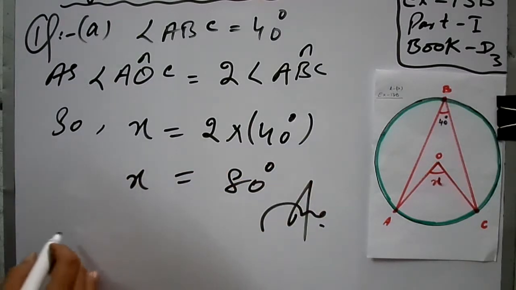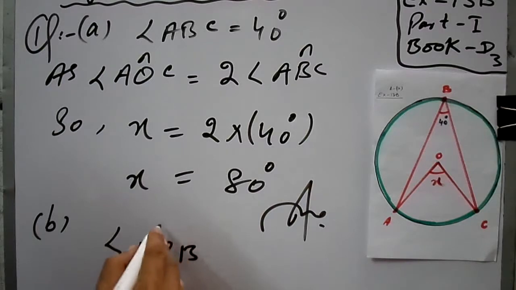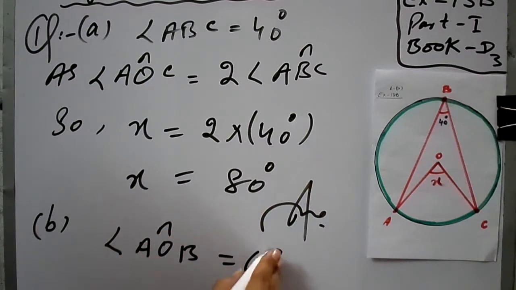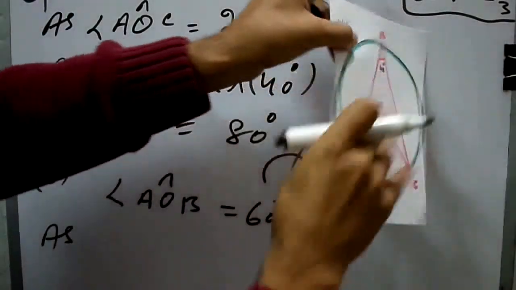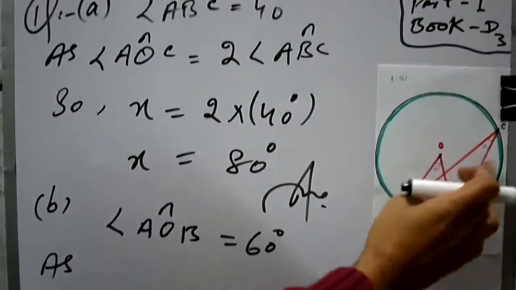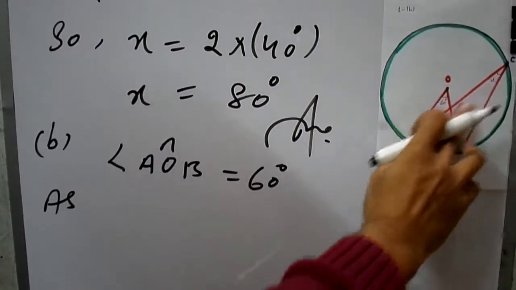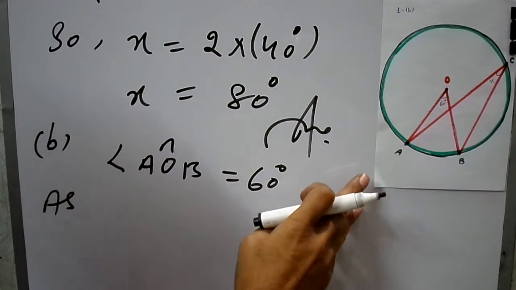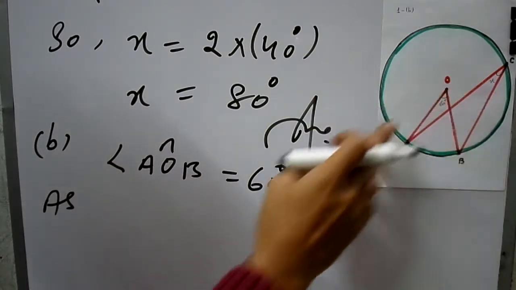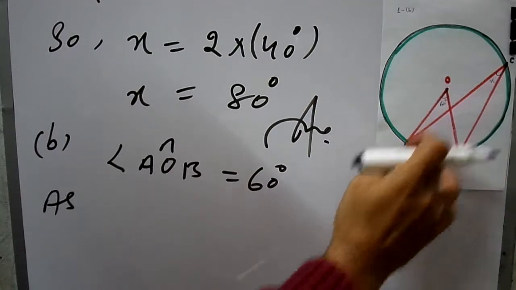Similarly, in B case, it is given to us that AOB is equal to 60 degrees. As you can see in the figure, in your configuration you can understand that we have to find this angle x. It means this angle is half of the AOB. So that is AOB.